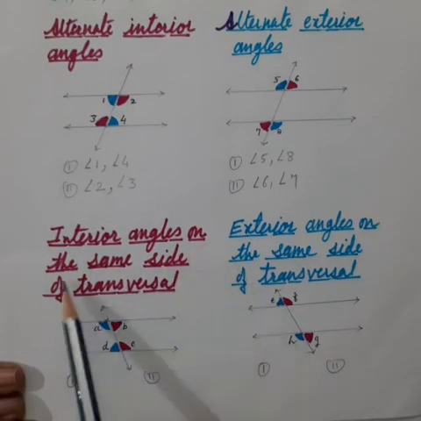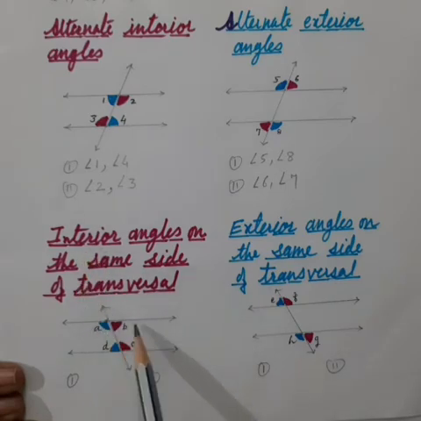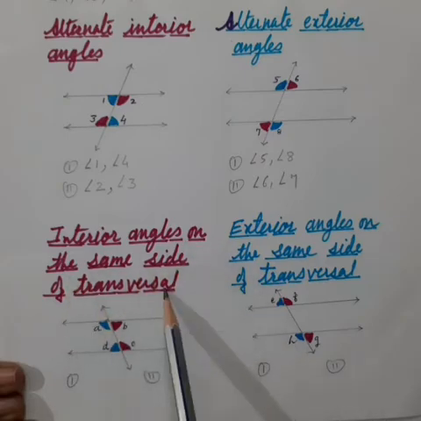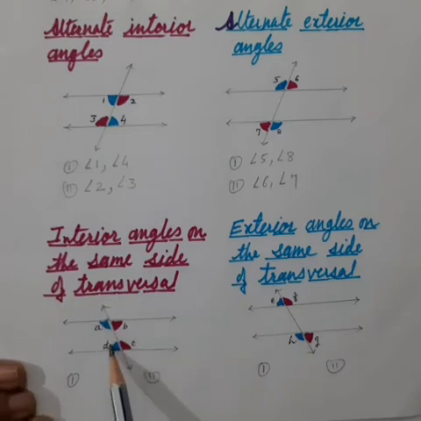Interior angles on the same side of the transversal. Interior angles means between these two lines, and on the same side of the transversal means both lie on the left side or both lie on the right side of the transversal. So here angle A and angle D both are interior and both are on the left side of the transversal.